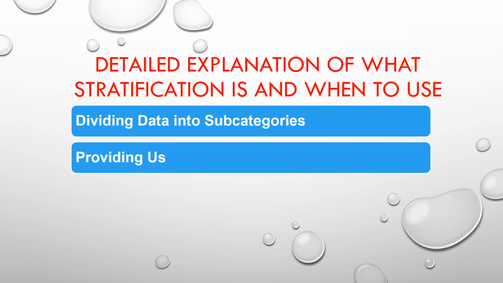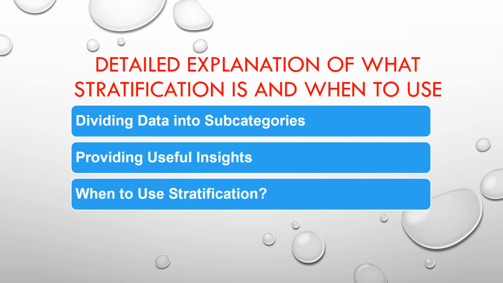Providing useful insights: by dividing the data into these subcategories, you can uncover patterns, trends, and variations that might not be apparent when looking at the data as a whole. This can provide valuable insights into the underlying factors that affect the dataset and help in making informed decisions or identifying areas for improvement. When to use stratification?